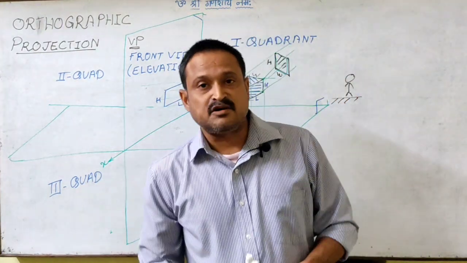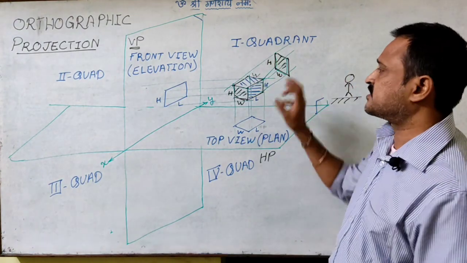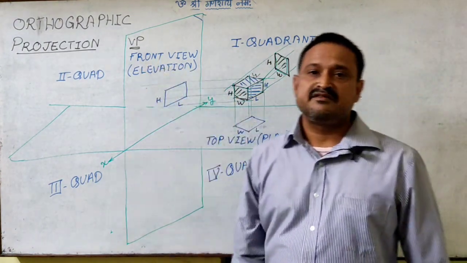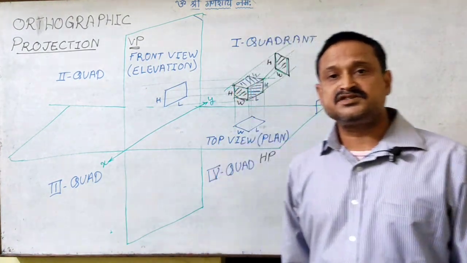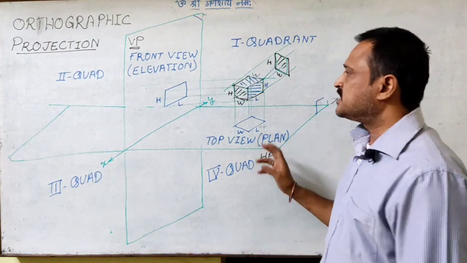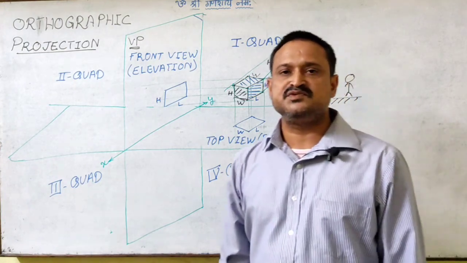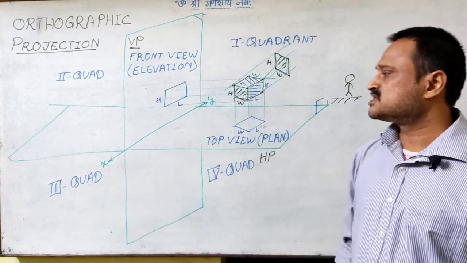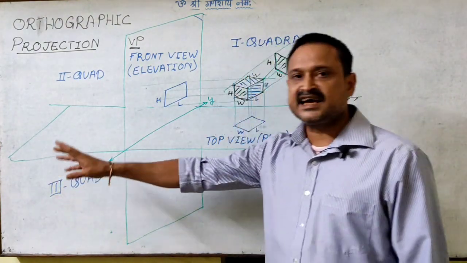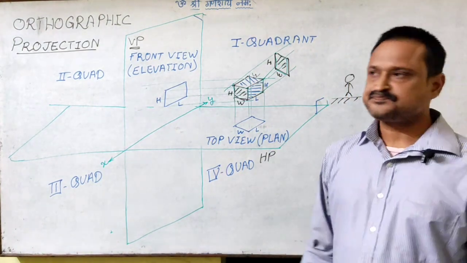So when we place the object in the first quadrant and take its images, we call it the first angle method of drawing. If we place the object in the second quadrant and take its images, we call it the second angle method of drawing. Similarly, third angle method of drawing and fourth.